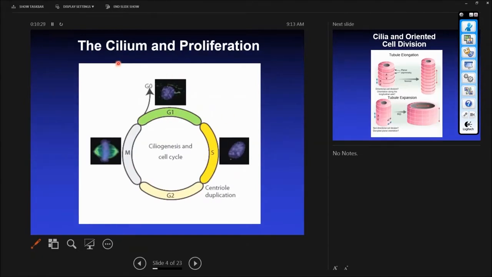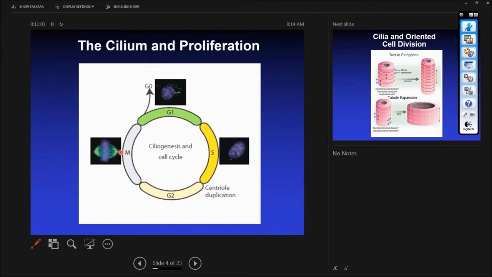The connection between the cilium and proliferation has been hypothesized for a while, and the cilium, the little green structure right here, is only found on cells that are not dividing. For a cell to divide, this structure has to be reabsorbed. There are two little things at the bottom called the centrioles. These are needed to build a cilium, but they're also needed to orient how the cell's chromosomes are going to divide.